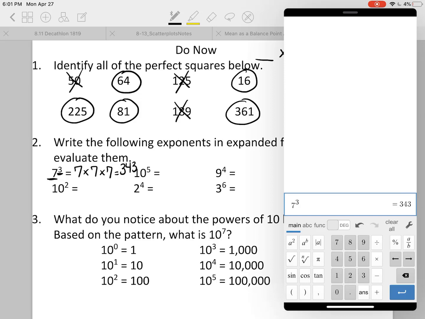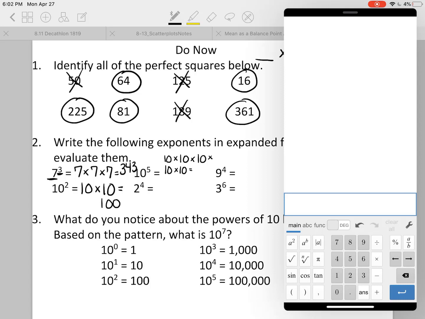10 to the power of 2 would be 10 times itself 2 times. So 10 times 10. And in Desmos, 10 to the power of 2 is equal to 100. 10 to the power of 5 would be 10 times 10 times 10 times 10 times 10.